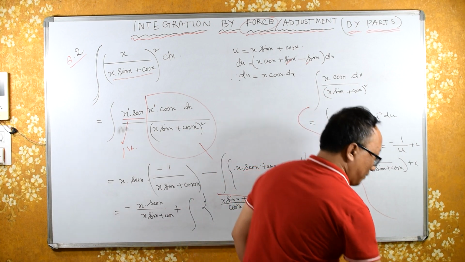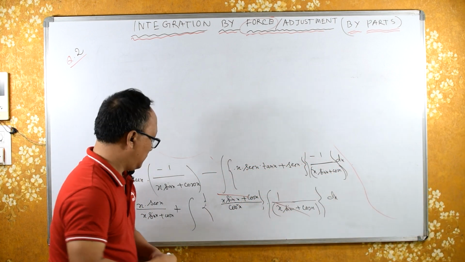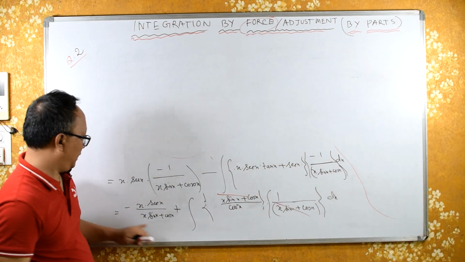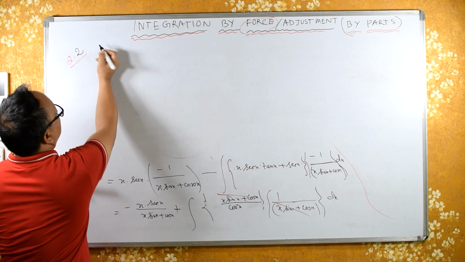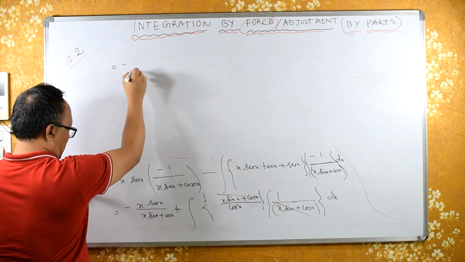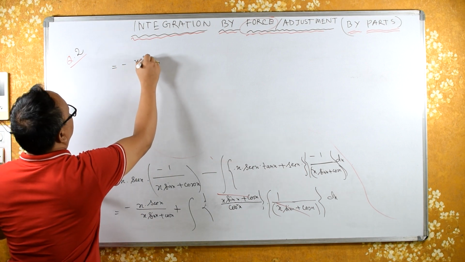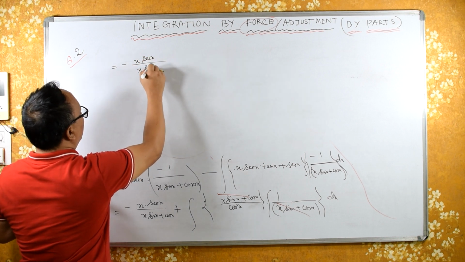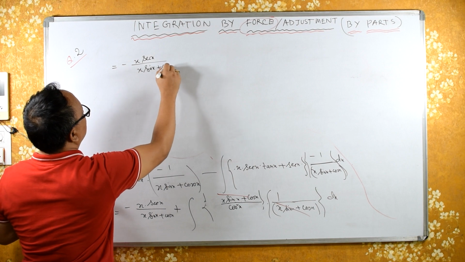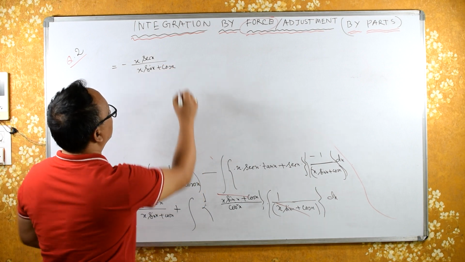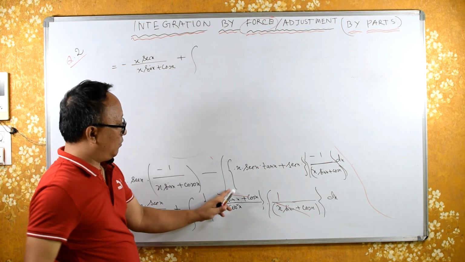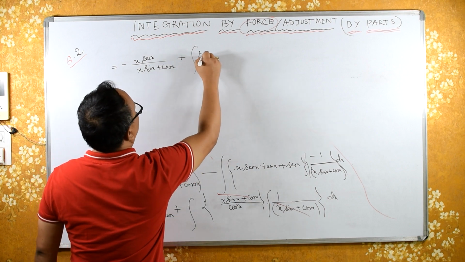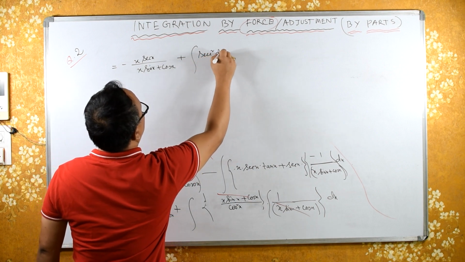Okay, now over here, look at here, we have minus x sec x upon x sin of x plus cos x plus the integral of 1 by cos square, which is sec square x dx.